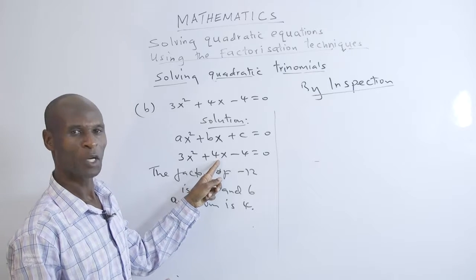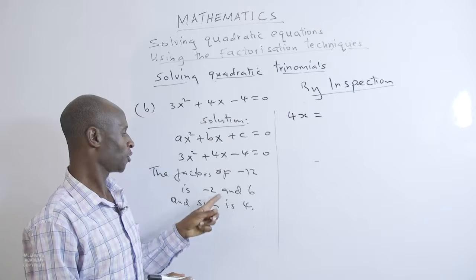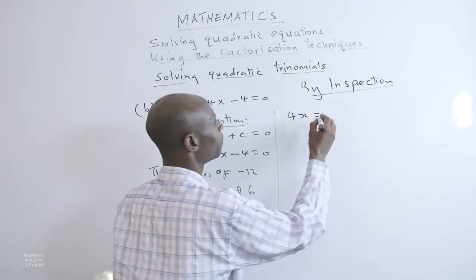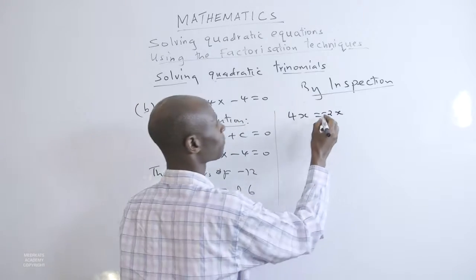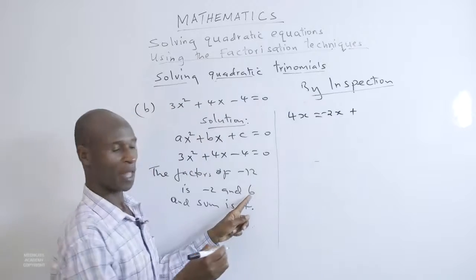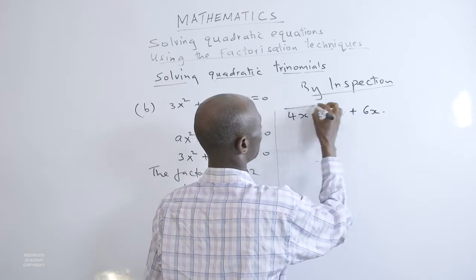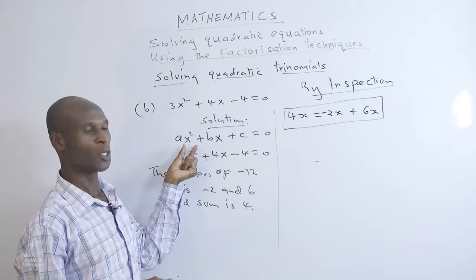So we split the middle term for x using the two factors we have identified. So it will be negative 2x, and the other one is positive 6x. So we have split the middle term.